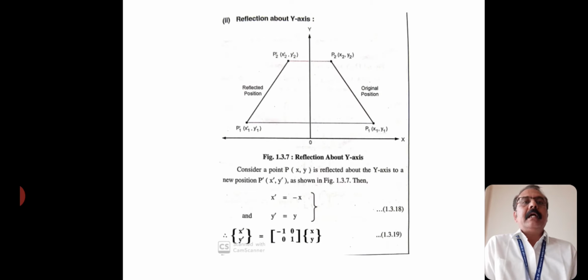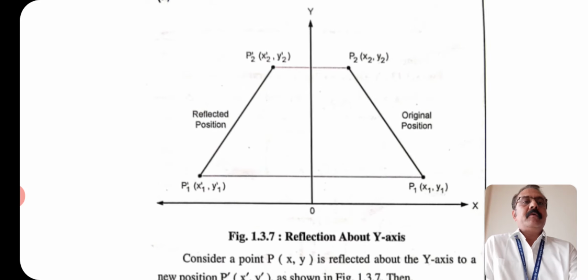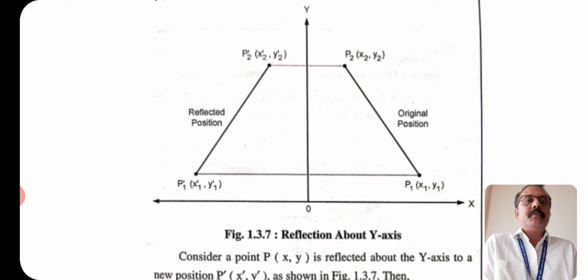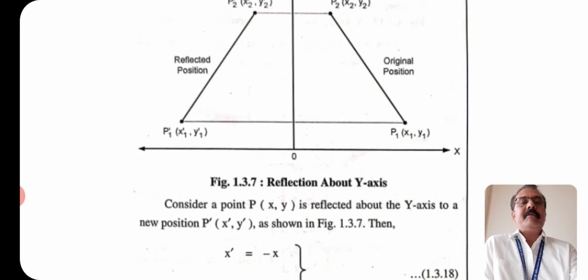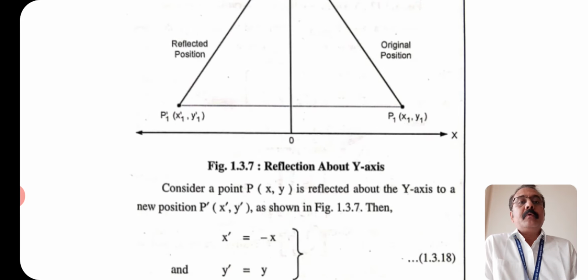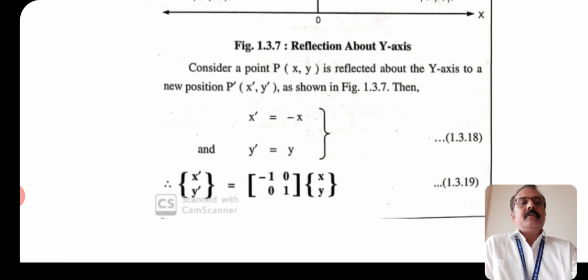Now next, reflection about y-axis. Line P1P2 is given. Here is the original position with coordinates (x1, y1) and (x2, y2). Now from the geometry, x' is equal to minus x and y' is equal to y. Therefore the x coordinate is minus 1 and the y coordinate is 1.